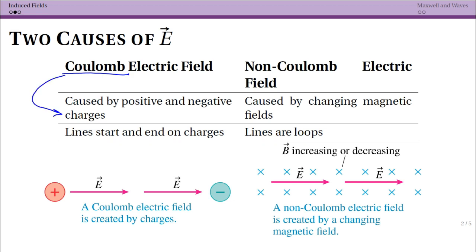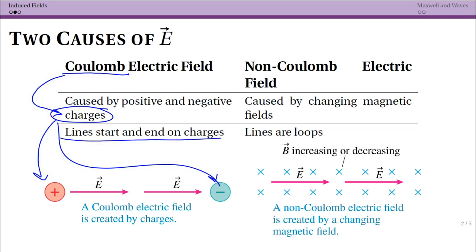It is what we originally learned, back in the first chapter we covered. And so these charges cause it. And we know that our lines, if we want to talk about field lines, start and end on charges. So that's again what we did many chapters ago.